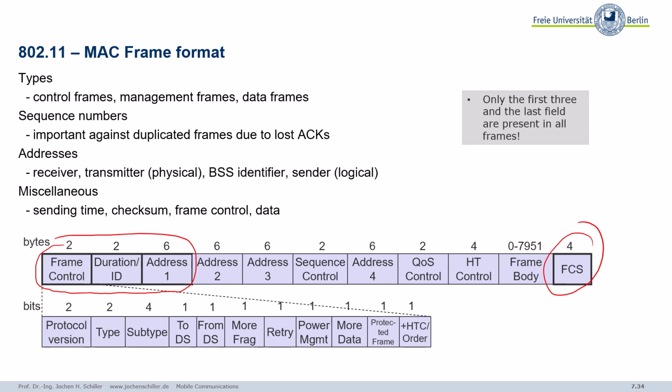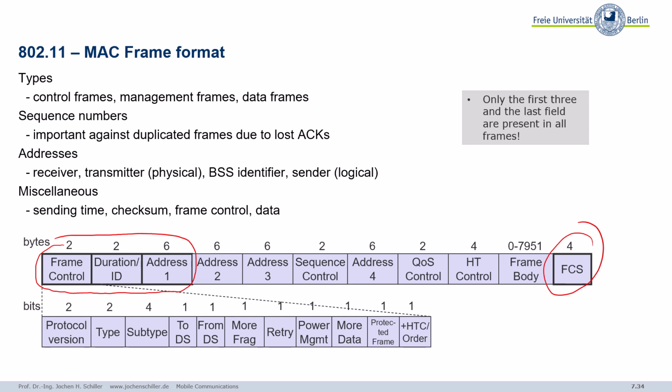Sequence numbers are important for duplicate detection, so classical sequencing. Addresses are a bit different from what you may know from classical Ethernet, because here we have up to 4 different addresses. We will learn in the next slide why we have 4 addresses, but we have to distinguish between logical senders and receivers and physical senders and receivers.